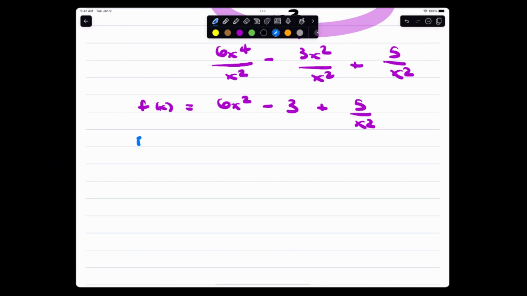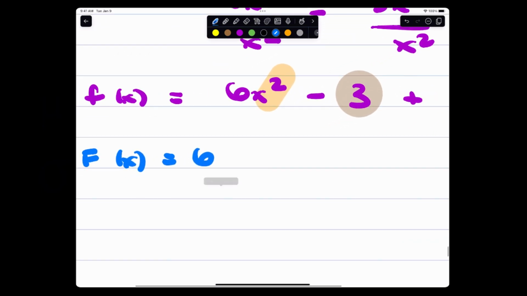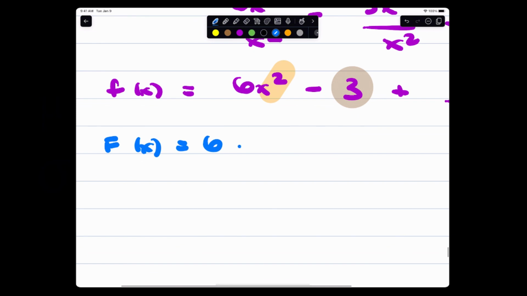And then so now, here's what happens here. You're going to get the antiderivative. Yes, the 6 constant is there. We'll say the antiderivative of x squared, of the constant 3, and then of the last term. What rule do we use here for the x squared? We take the power rule.